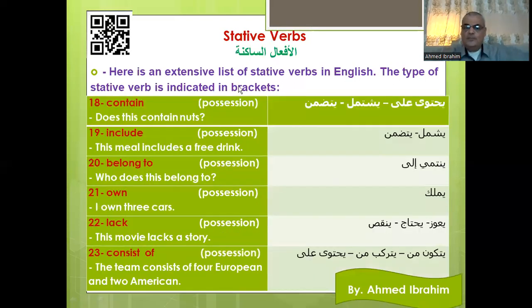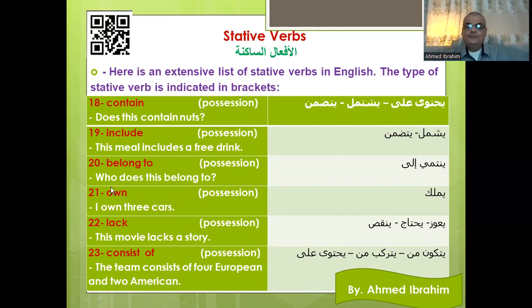Stative verbs. Here is an extensive list of stative verbs in English, and the type of stative verb is indicated in brackets. Contain. Does this contain nuts? Include. This meal includes a free drink.